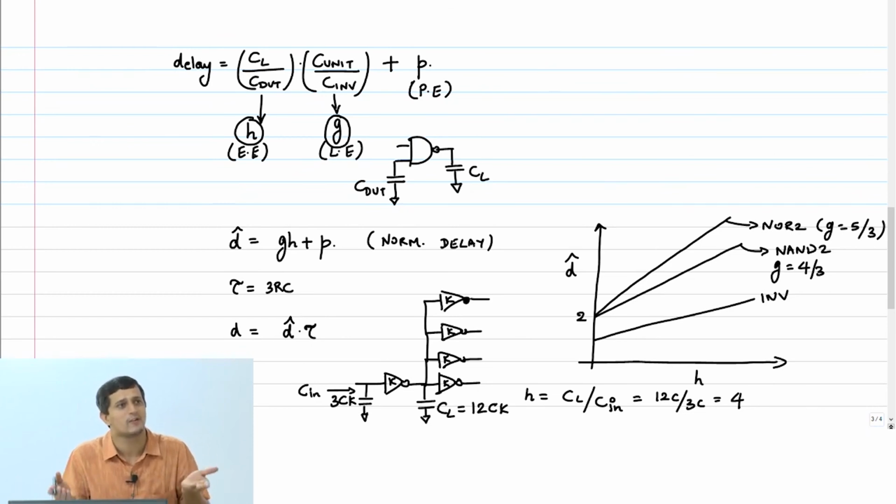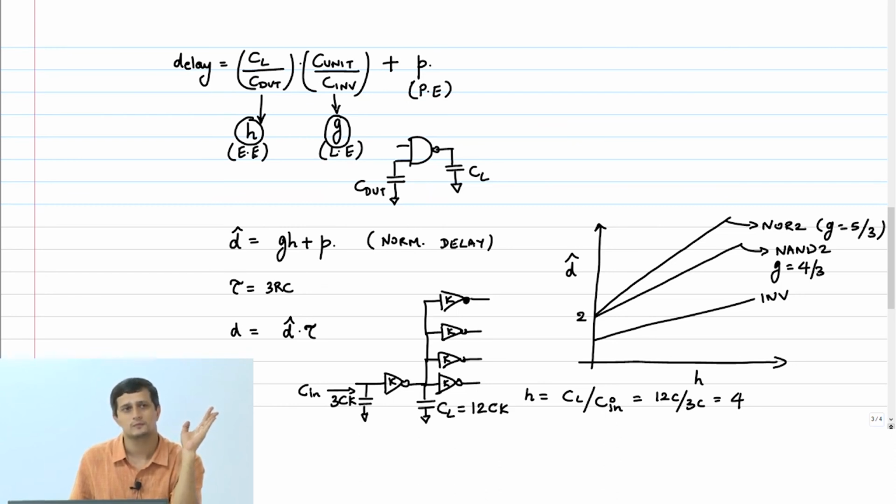The H is effectively the same because I am scaling up all capacitances by the same factor. So if I tell you in a technology the fan out of 4 delay is some 100 picoseconds, then you don't have to ask any further questions. You know that therefore the inverter delay is just 1/5 of that.